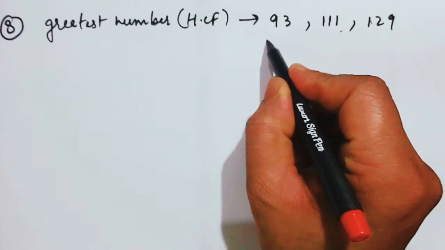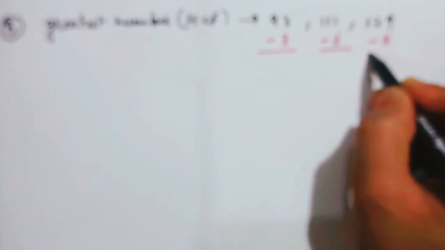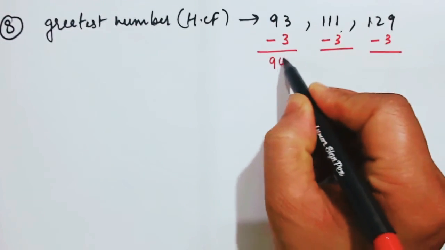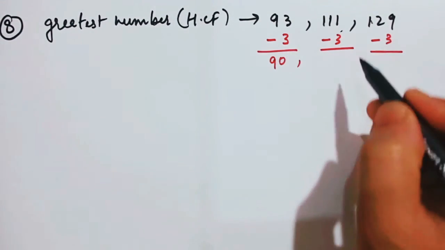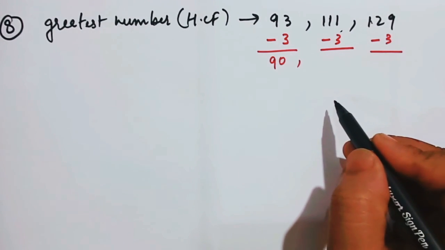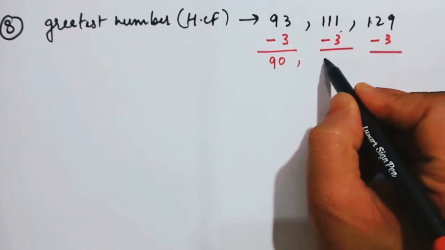So when I will get 3 as remainder, why not remove these 3 from each of them? When I remove these 3 from each of them, I will get no remainder. Clear? So when I subtract 3 from each of them, I will get 90. Here, 111 minus 3 will be equal to 108.